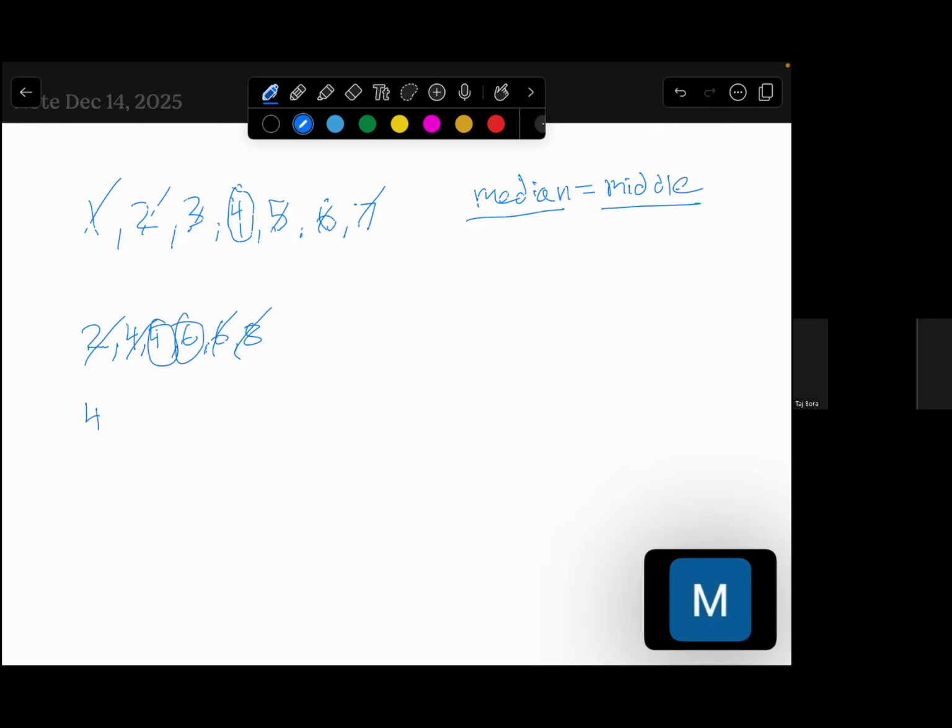So we can do 4 plus 6 is 10, divided by 2 is 5, or we can just figure out what number is perfectly in between 4 and 6. If we were on a number line, it would go 4, 5, 6. So the main thing to remember is median equals middle. Does that make sense?